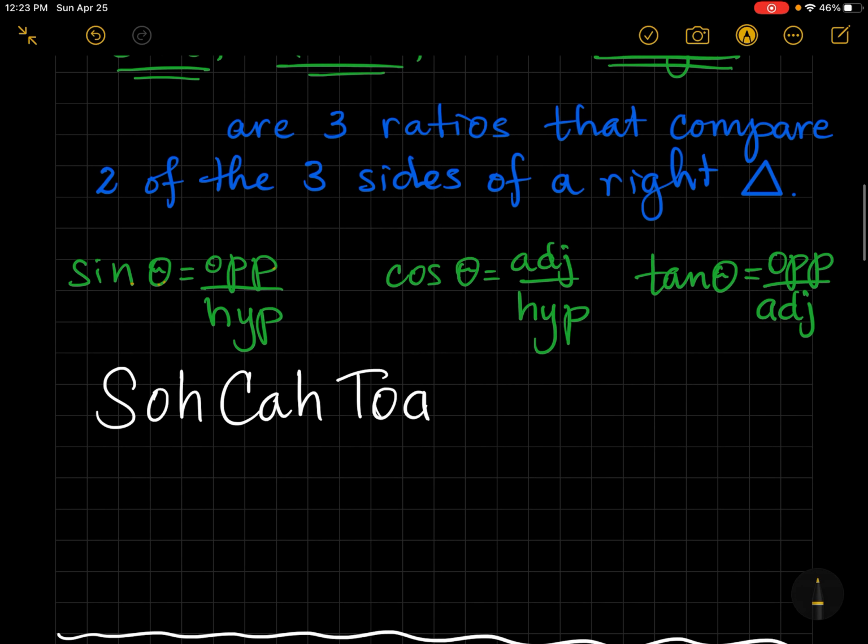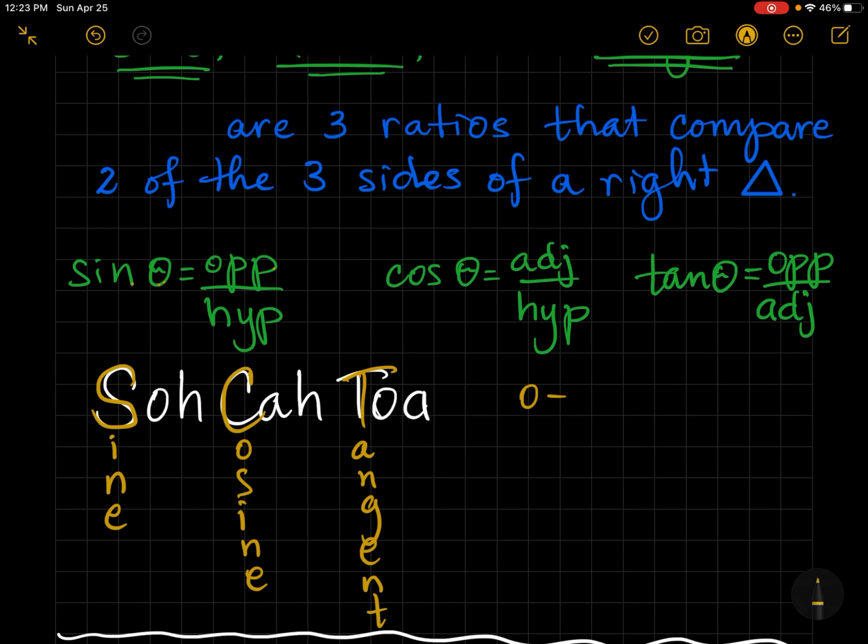Hopefully you see this: SOH CAH TOA. So as in so what, CAH as in get out the car, and TOA, I told you to do what I said. SOH CAH TOA is a good way to remember your trig ratios. The S is for sine, C is for cosine, and T is for tangent.